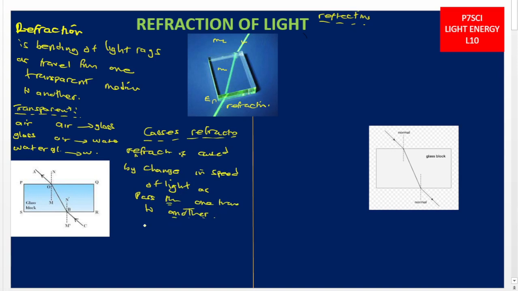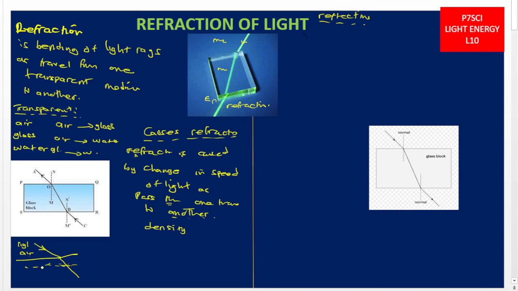Remember, these transparent media have different densities. For example, if you look at air and water, air is less dense than water. Now as light is coming from air entering the water, which is more viscous than air, it is going to cause the bending of light.